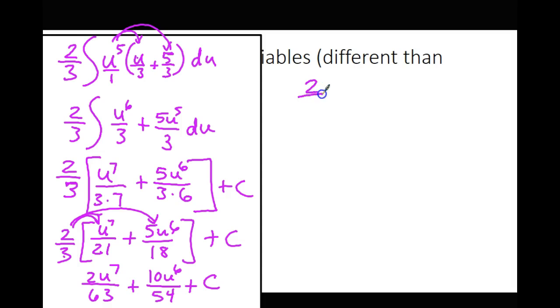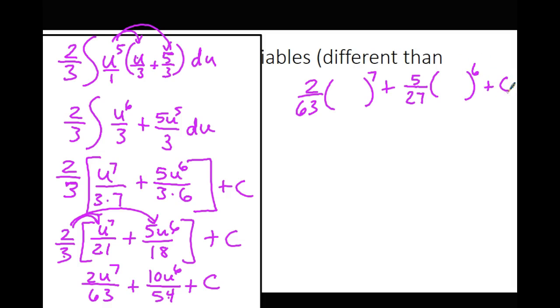No. How about 10 over 54? Does that reduce? What goes into both of those? Two does, right? So 2 goes into 10 5 times. 2 goes into 54 27 times.